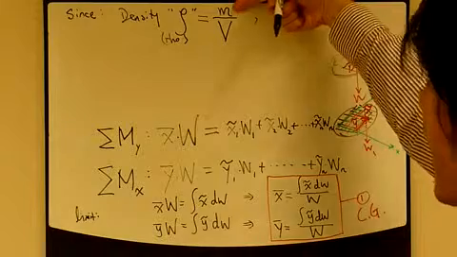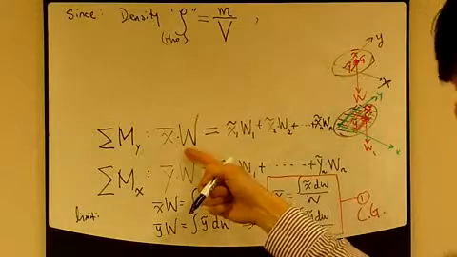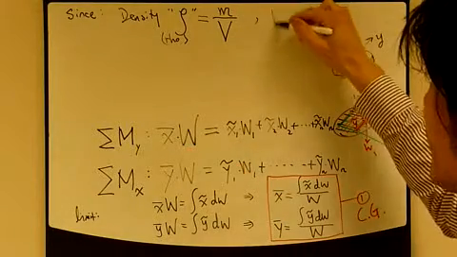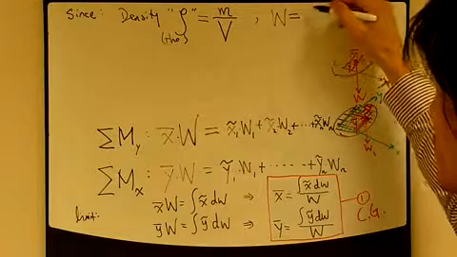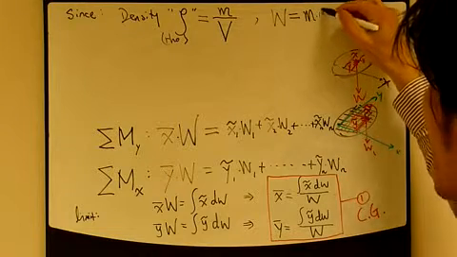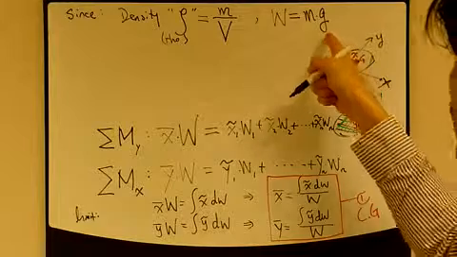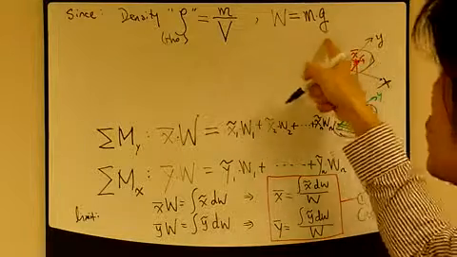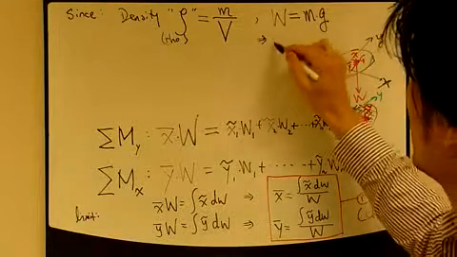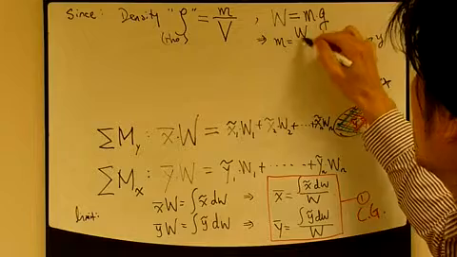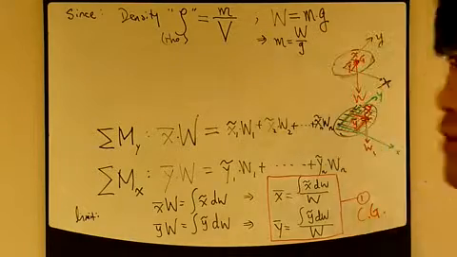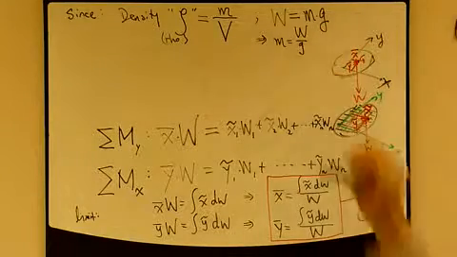Now, mass and weight are closely related. Weight equals mass times the gravitational acceleration, so mg. Or mass equals weight divided by g. Alright, let's move this over.